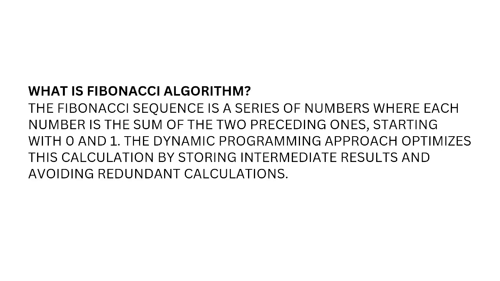The Fibonacci sequence is a series of numbers where each number is the sum of the two preceding ones, starting with 0 and 1. The dynamic programming approach optimizes the calculation by storing intermediate results and avoiding redundant calculations. Basically, all you have is a simple process of calculating the Fibonacci.